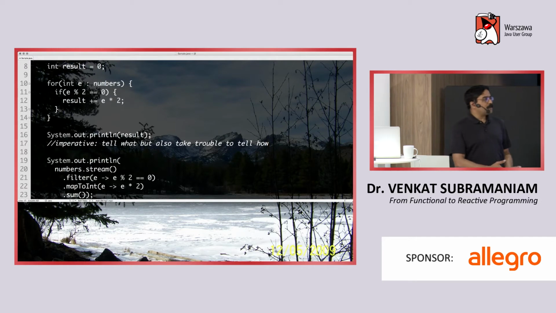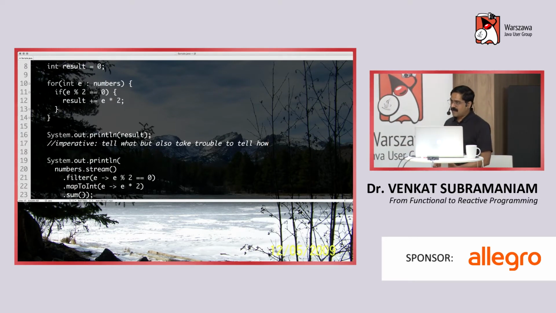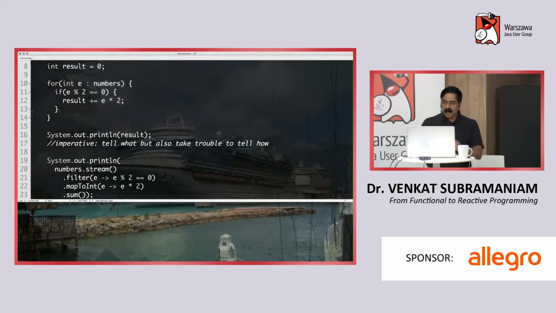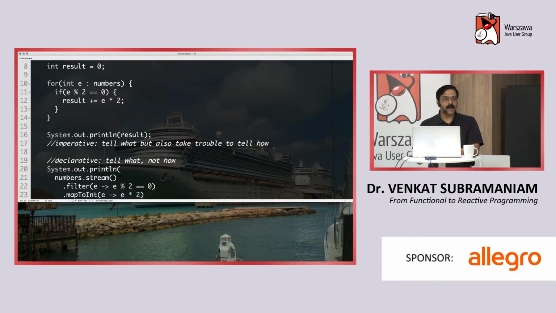You tell what to do, but you also take the trouble to tell how to do it. And that becomes your responsibility every step of the way. On the other hand, when it comes to declarative style, you tell what, not how. You can focus on telling what to do, but you don't have to focus on telling how to do it.